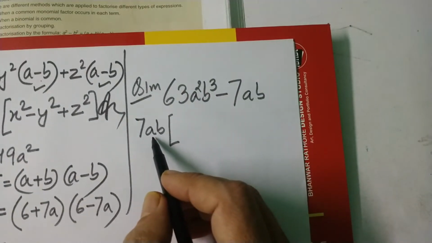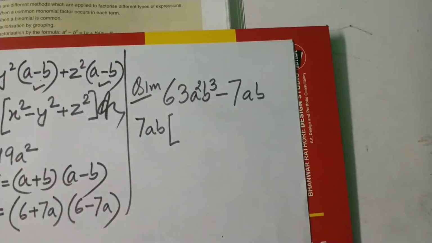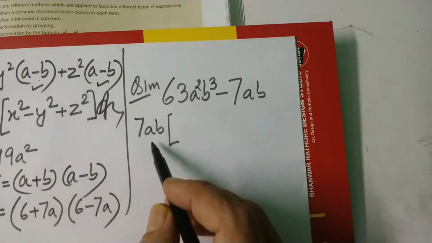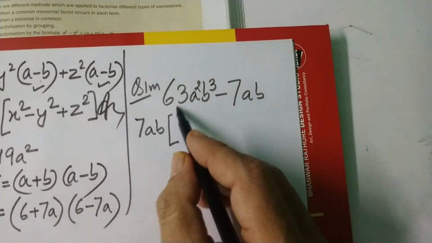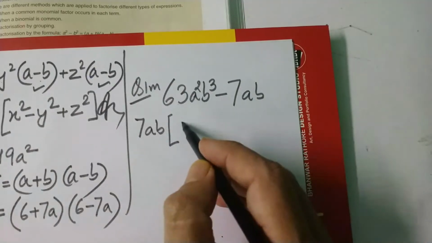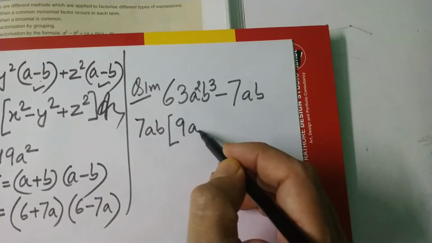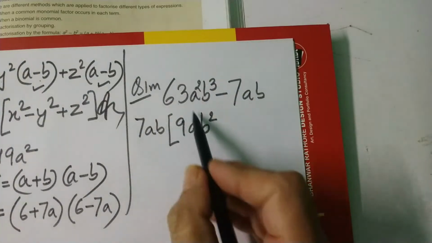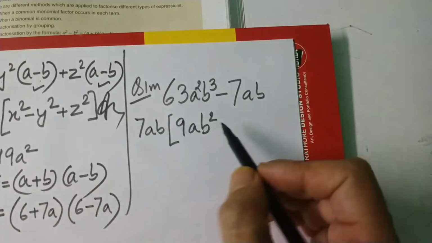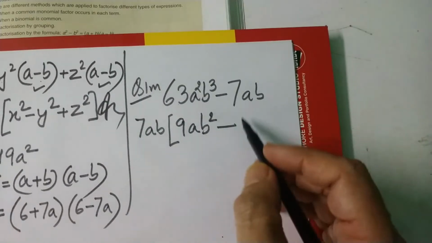First we find the HCF. The method is the same which I have told before, so you can check. 7ab is common. Divide 63 by this, it will come 9ab square. Divide this by 7ab and this by 7ab, it will be 1.